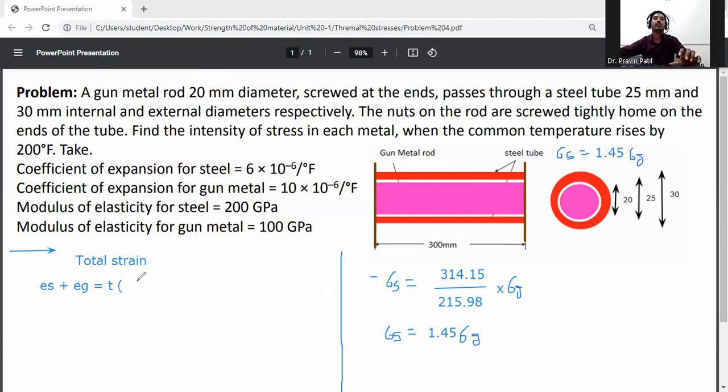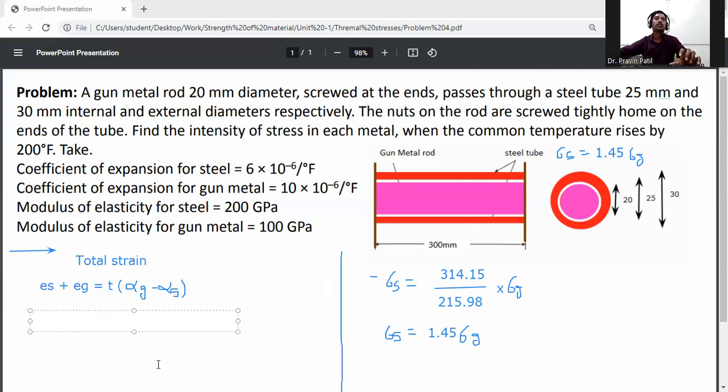First of all, take alpha g, the coefficient of thermal expansion of gun metal, as it is more. That's why we take first alpha g minus alpha s, the coefficient of thermal expansion of steel, into T.